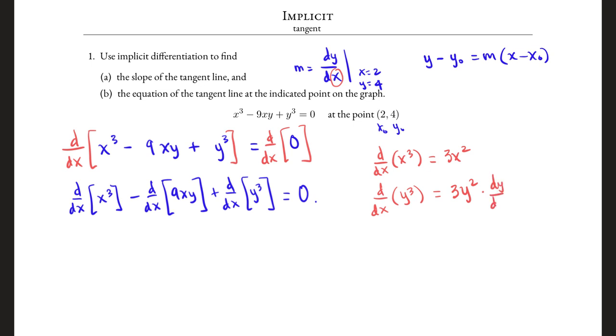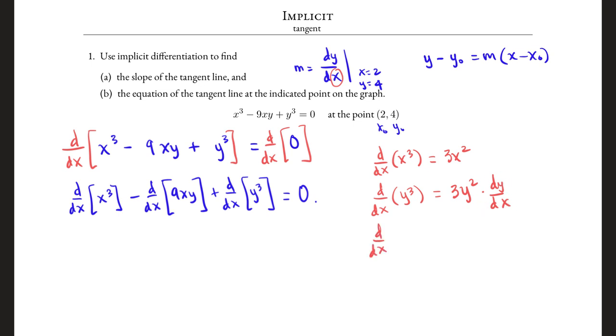We would need to have a factor dy/dx here. We did not need a factor dy/dx for x cubed because we're taking the derivative with respect to x. For y cubed, we take the derivative with respect to x. That is why we need to have dy/dx.